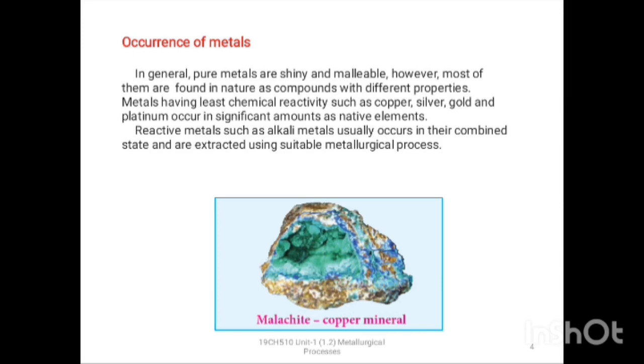Reactive metals such as alkali metals usually occur in their combined state with other elements and are extracted using suitable metallurgical processes. On the screen you are seeing a mineral of copper, which is malachite.